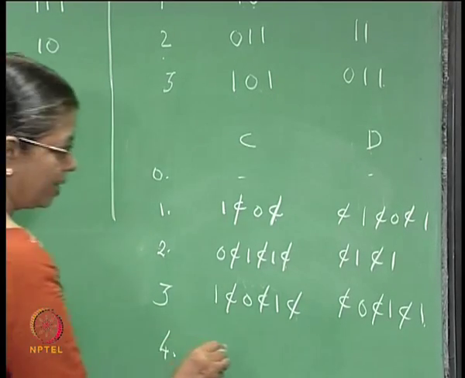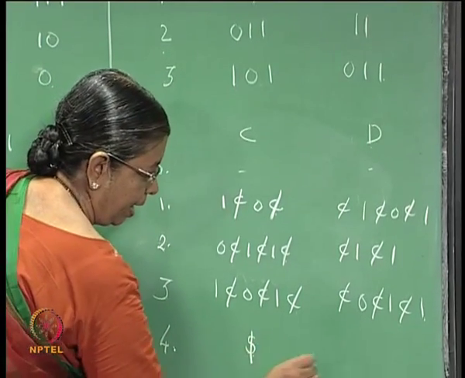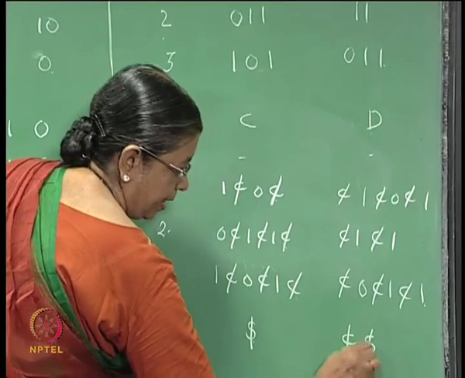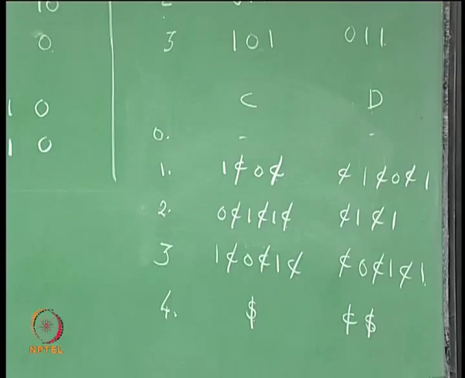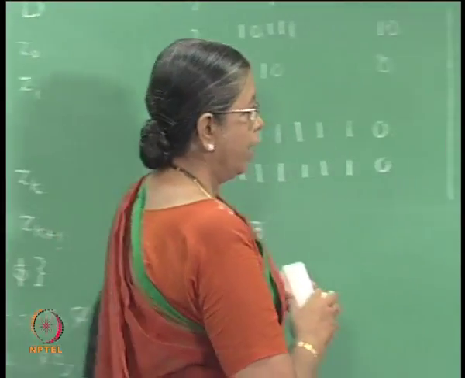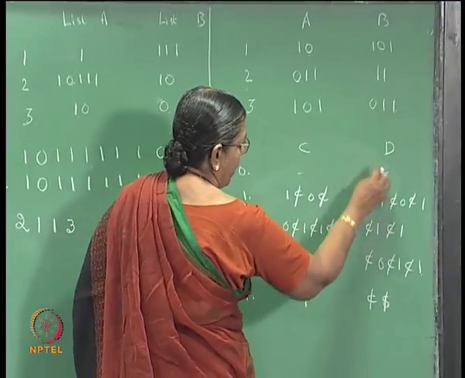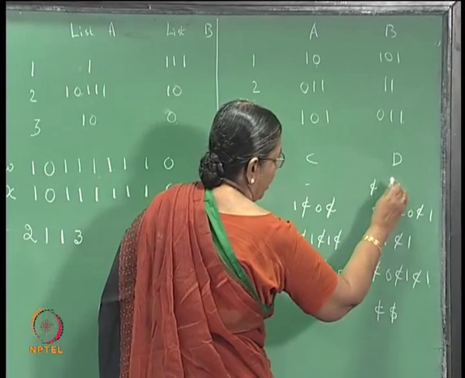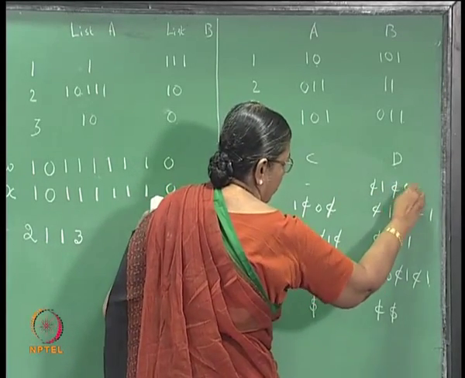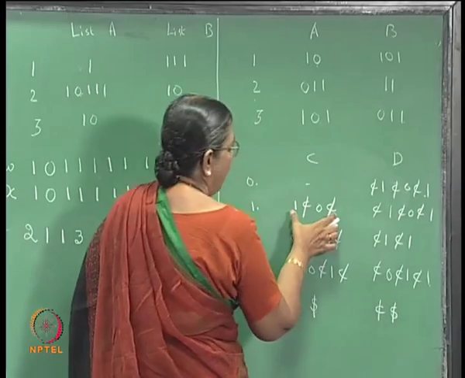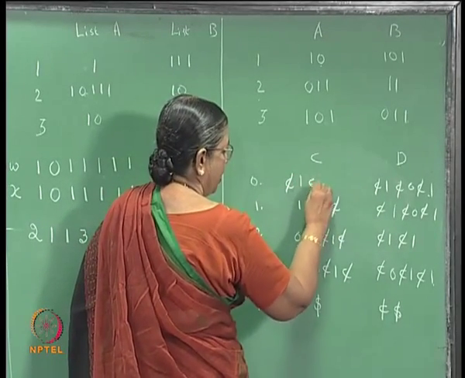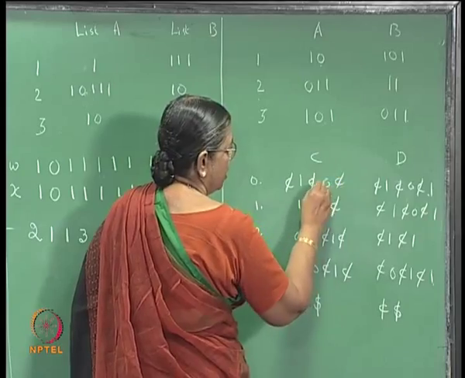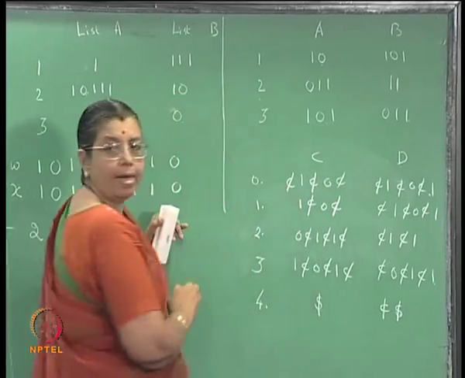The last one is dollar here and marker dollar here. The first one is the same as this C1, preceded by a marker sign, and this is the same as this with a marker added.